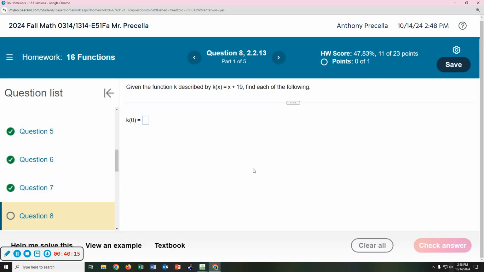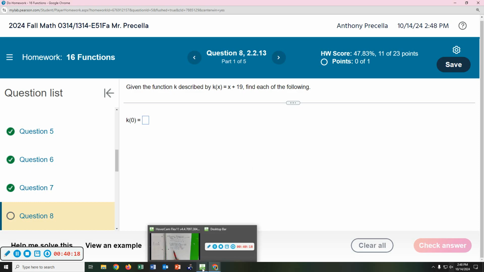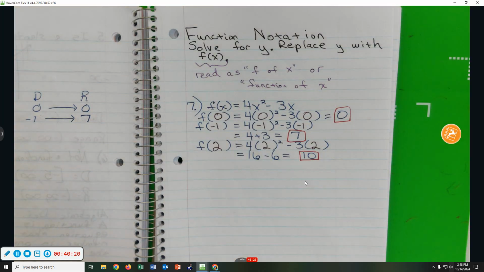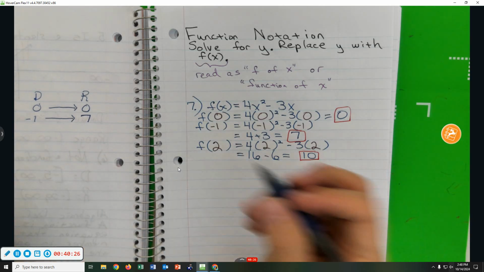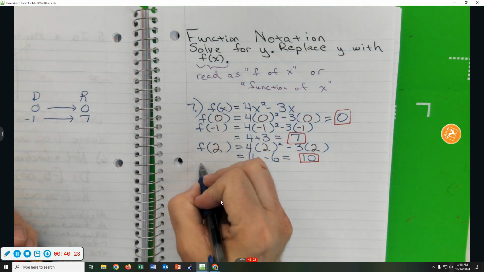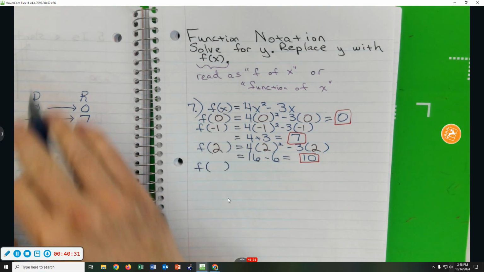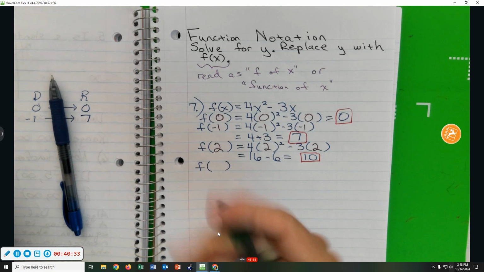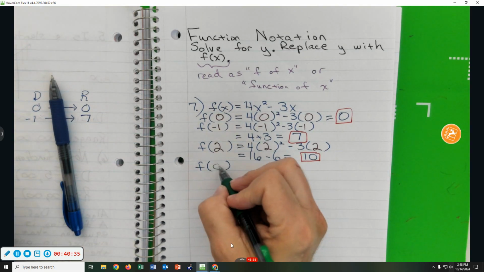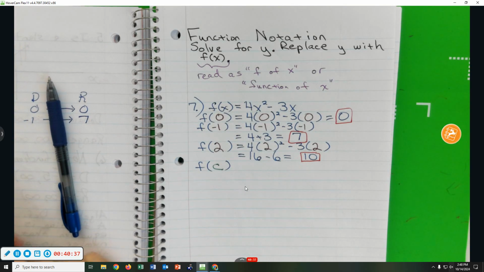Okay, switch over to my paper. Before you write down that number 8, suppose I'm making up one. Suppose there was a fourth option, a fourth part here. Suppose they want us to find f of c. That says go to your function f. Wherever you see a variable, you're going to replace it with c.